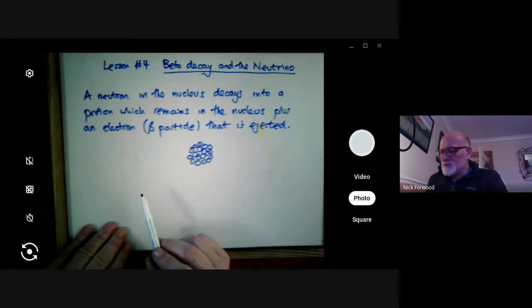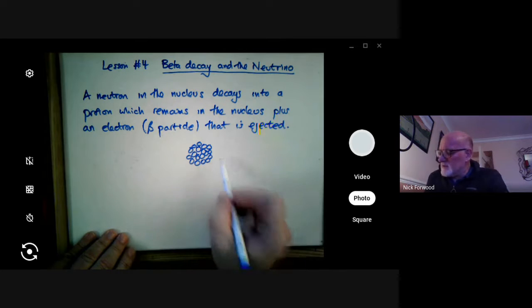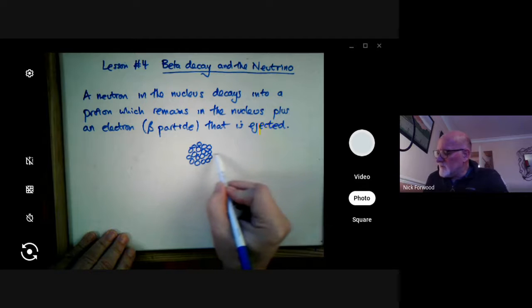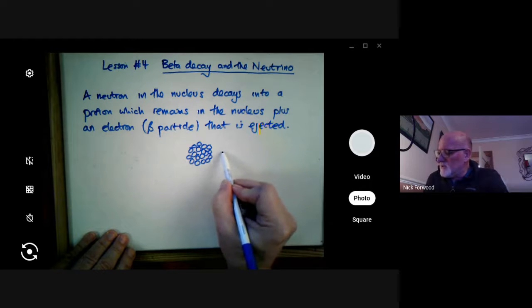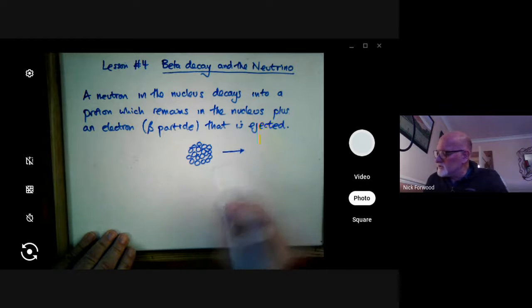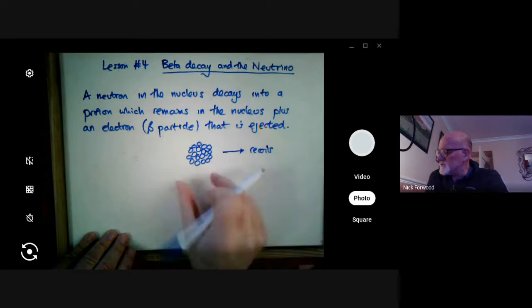So what happens is physicists have a way of looking at individual particles and setting up detectors so they can see what's going on, and they can determine that when the beta particle is emitted, the large nucleus recoils, and that means the nucleus just shifts a little bit to the right.